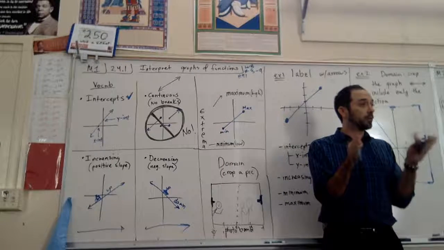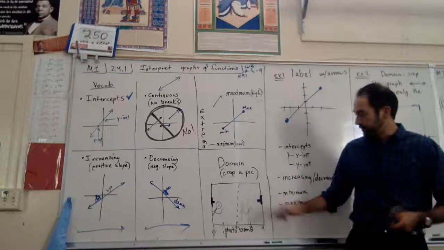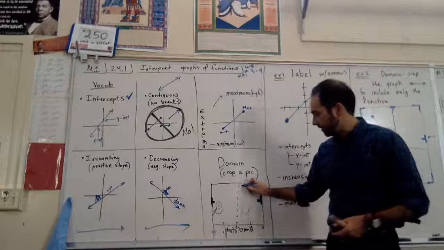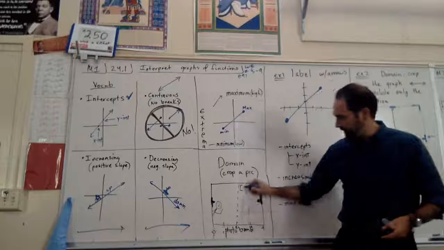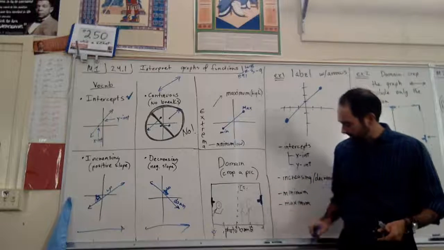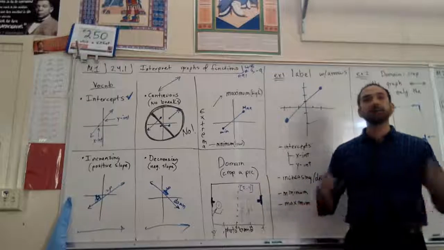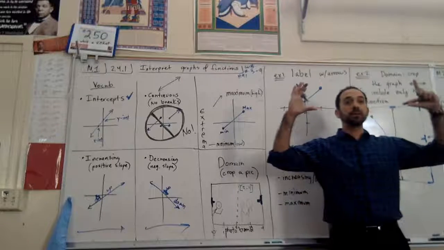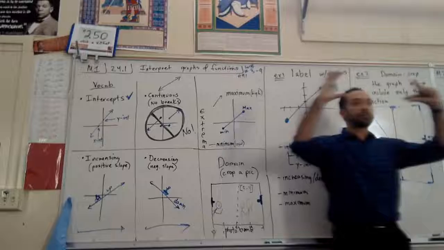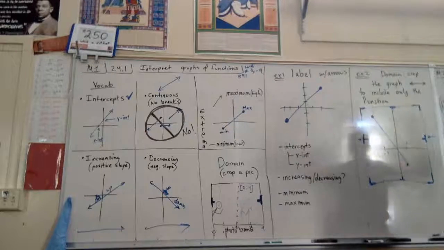So I'd have a hard bracket because I can include 2. It's from 2 to what? 4. The hard bracket means the endpoint is included. The open bracket, which is parentheses, means we don't count the endpoints.